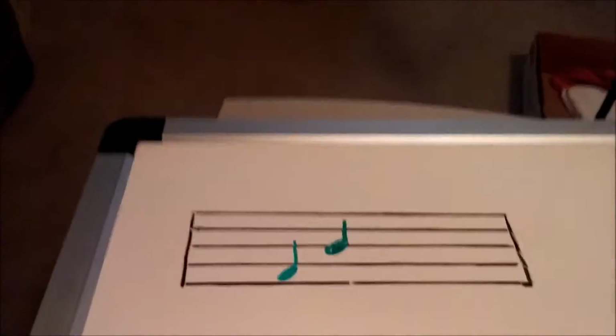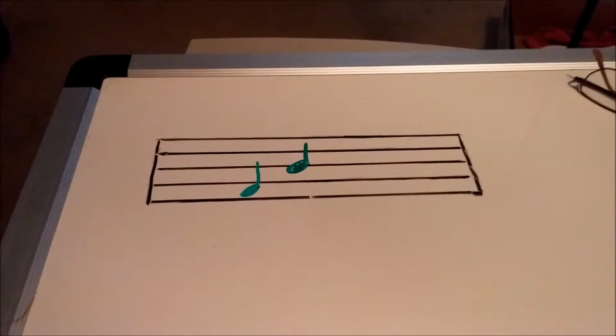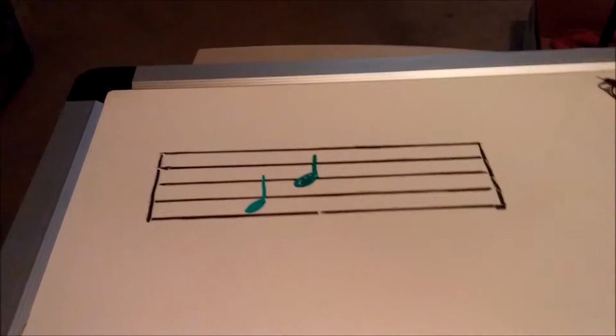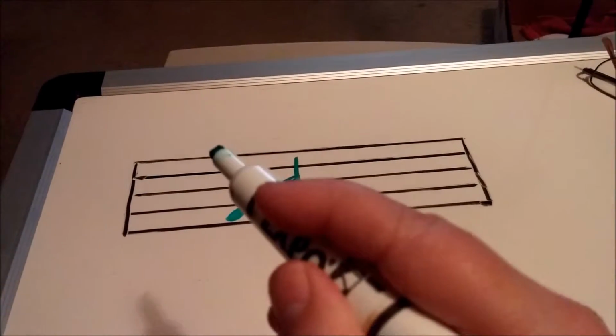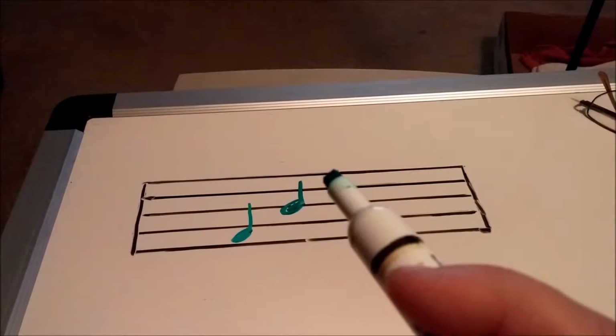Well, here's the trick. Like I said, this very first lesson is going to be very simple. I'm not going to discuss notes or anything like that. It's just what these lines and spaces mean. There are 5 lines, 1, 2, 3, 4, 5, and 4 spaces, 1, 2, 3, and 4.